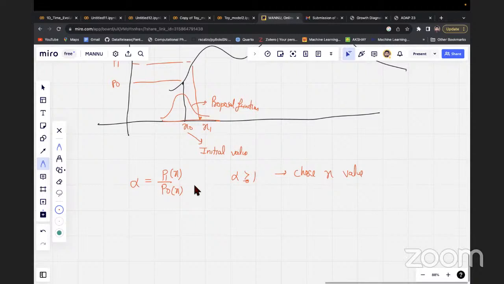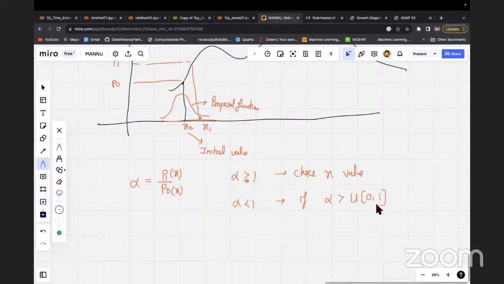In the acceptance rejection method, if alpha was less than 1, what were we doing? We were rejecting it straightforwardly. But because we were getting stuck in the local maxima, this time we are not going to reject it straightforwardly. Instead, we are going to say, u is a random number between 0 and 1. What can be the value of alpha?